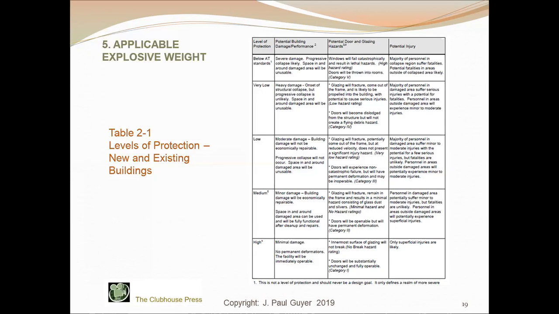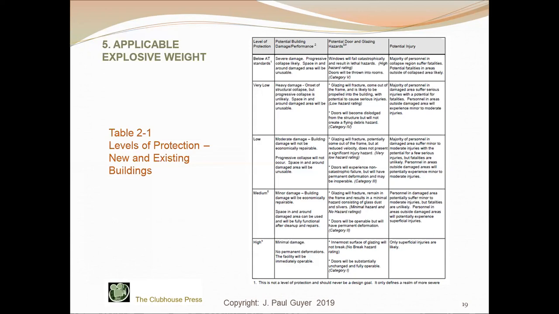The loss of a column or a beam and the building will be sufficiently tied together that it will not collapse, so people will be able to get out of the building.